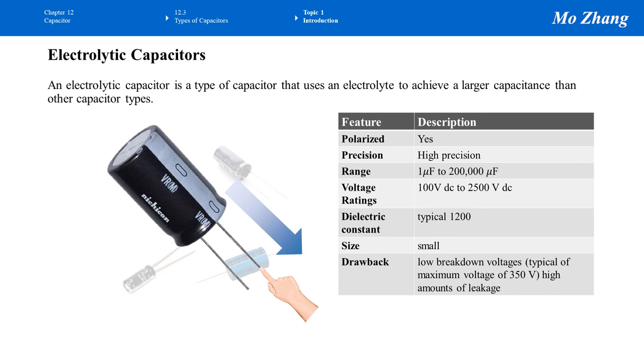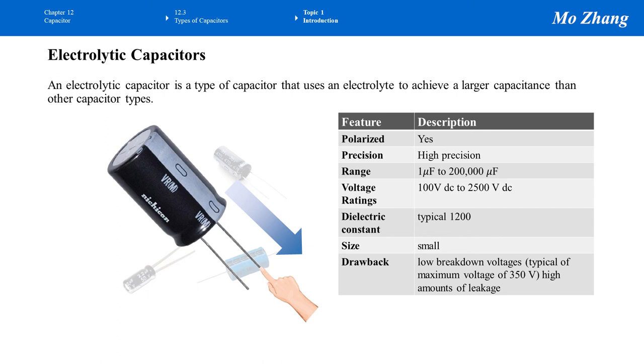So let's look at this table. It has polarity. Precision normally is very high for an electrolytic capacitor. The range of this type of capacitor is usually from 1 microfarad to 200,000 microfarad. It can work in the voltage range from 100 volt DC to 2500 volt DC.